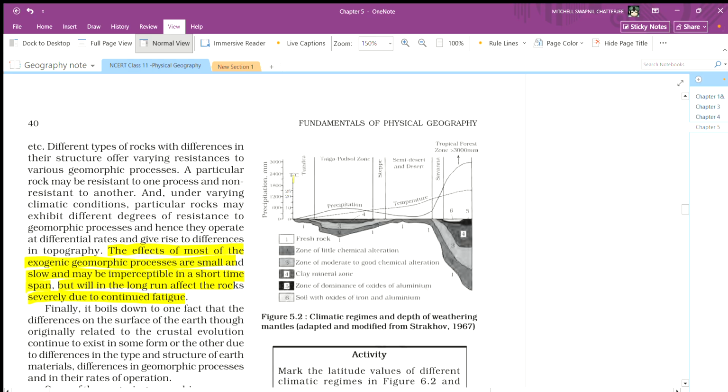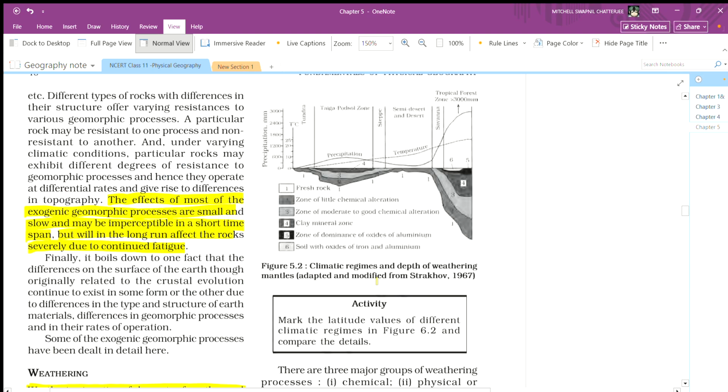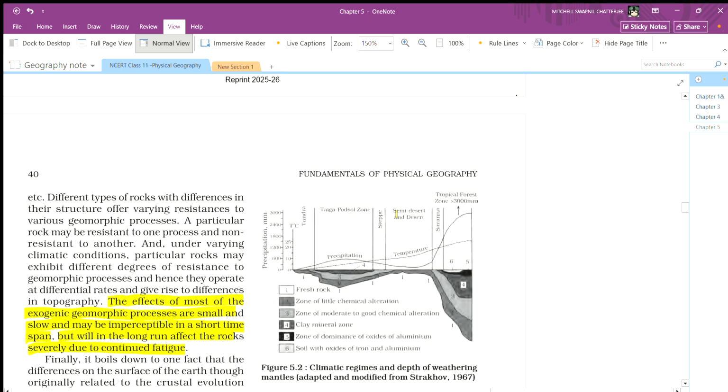As temperature increases, precipitation increases. The figure shows ocean, steppe, semi-desert, tropical forest zones, climate regime, and depth of weathering mantle. There is a zone of little chemical action.